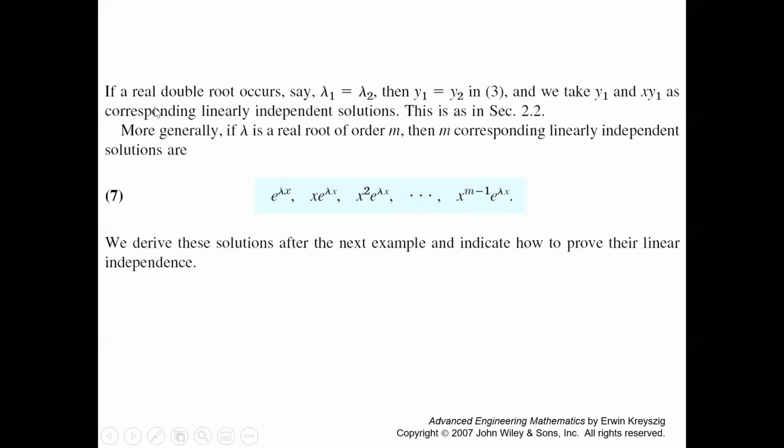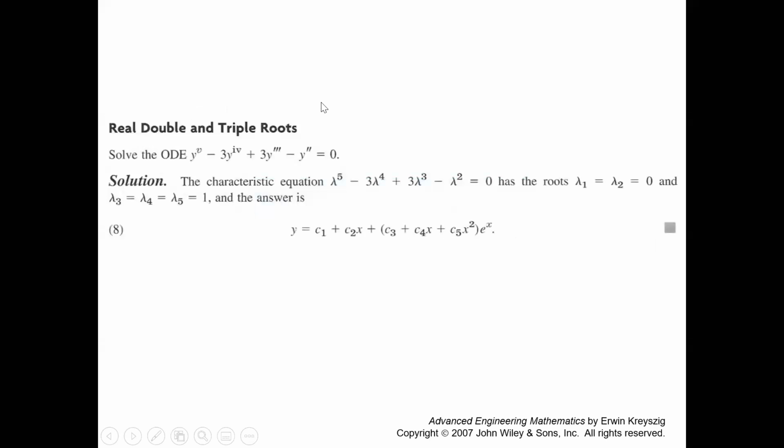If a real double root occurs, say lambda 1, I think we did this, then you have to multiply with x. Let's do an example on this. We have y fifth order minus 3y fourth derivative plus 3y triple prime minus y double prime equal to 0.